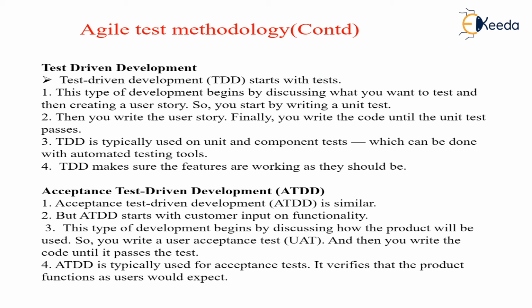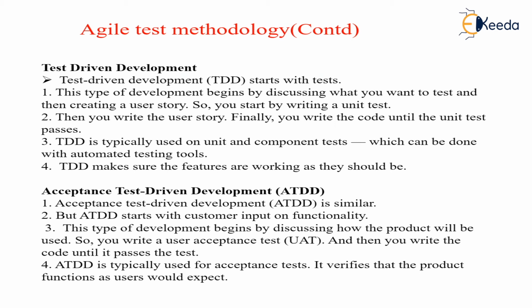Acceptance test-driven development is similar to test-driven development. The acceptance criteria come from the customer, and it starts with the customer input on the functionality to be implemented. This type of development begins by discussing how the product will be used, who will use it, where it will be used, and how.